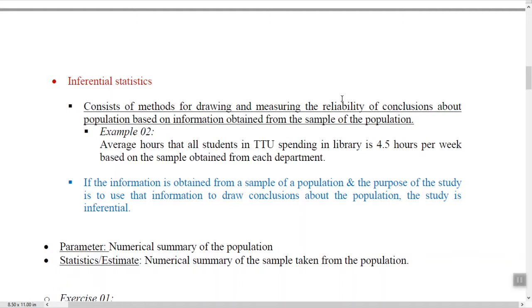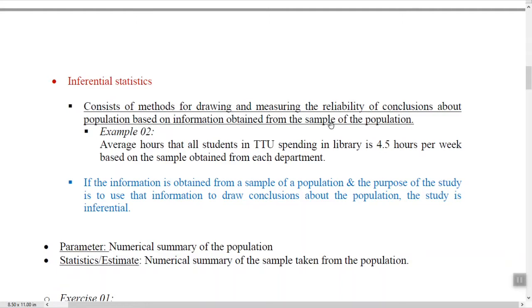So when you do your calculations, drawing graphs, whatever, using your sample, and at the end you draw a conclusion about the population, that belongs to the inferential statistics category. So please keep this in your mind. You are dealing with a sample, but you are drawing a conclusion about the population; that belongs to inferential statistics.